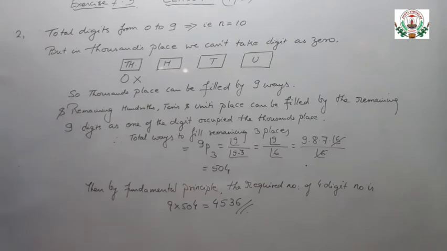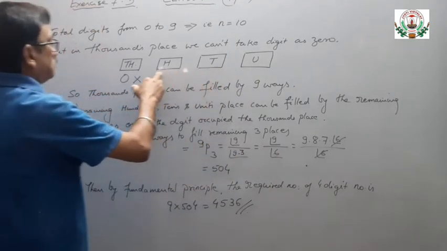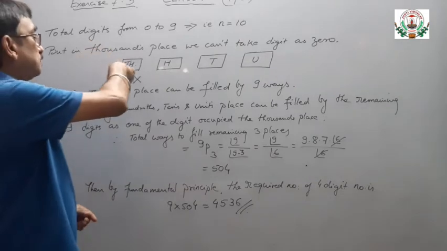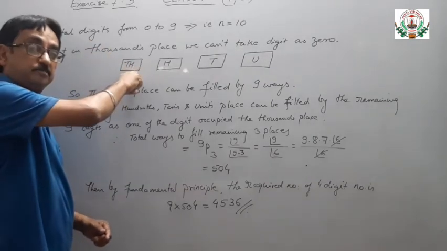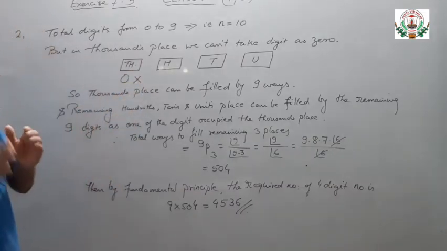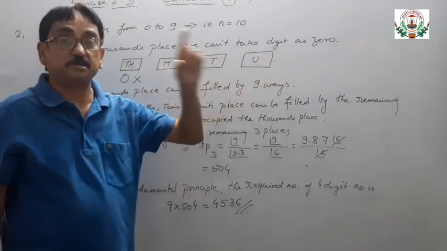A 4-digit number consists of unit place, tens place, hundreds place and thousands place. In the thousands place there must not be a digit 0. If we put 0 there, it will become a 3-digit number.